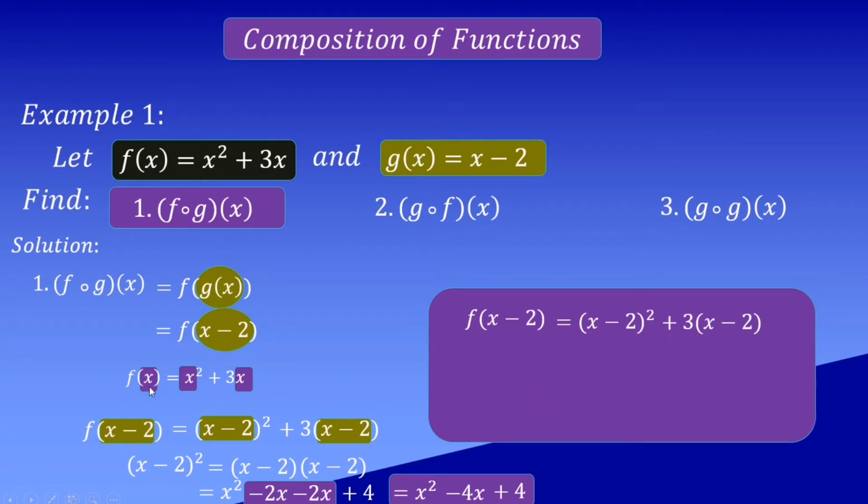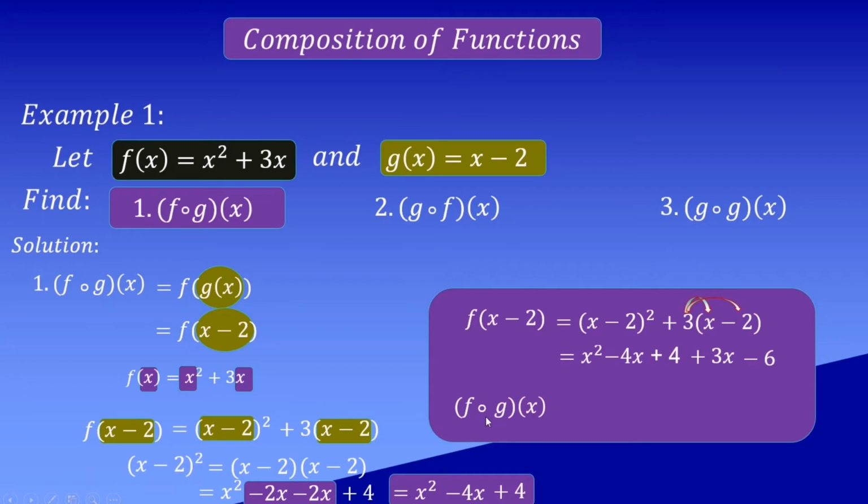That is our value of f of x minus 2. Since x minus 2 squared resulted in x squared minus 4x plus 4, then by the distributive property, plus 3 times x is 3x, then 3 times negative 2 is negative 6.